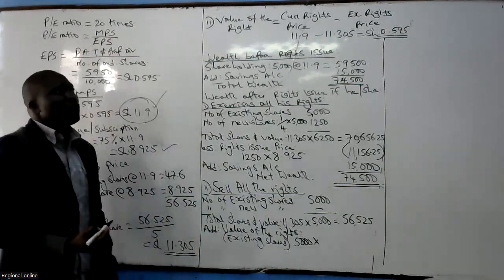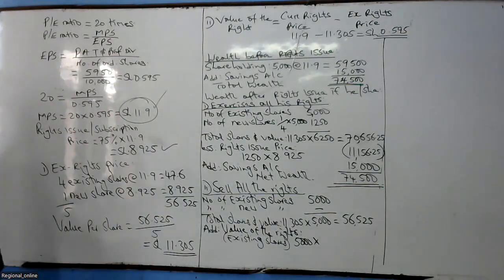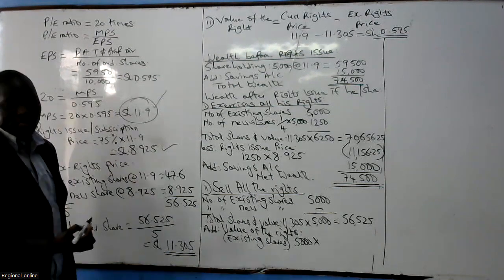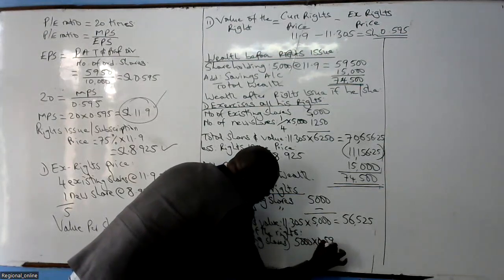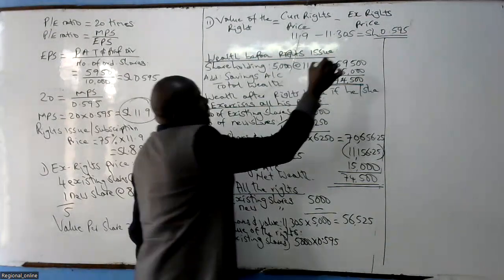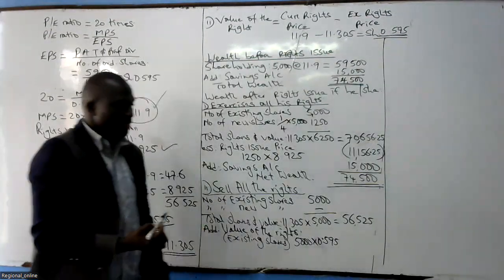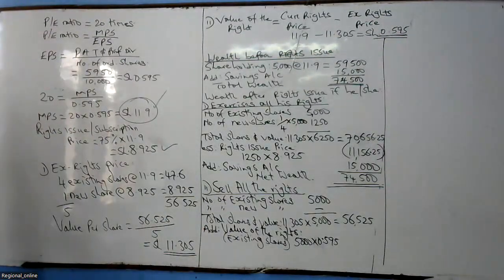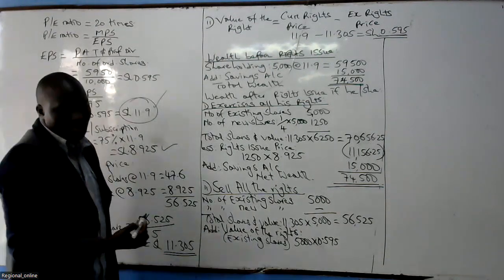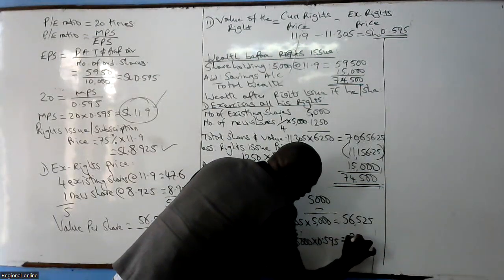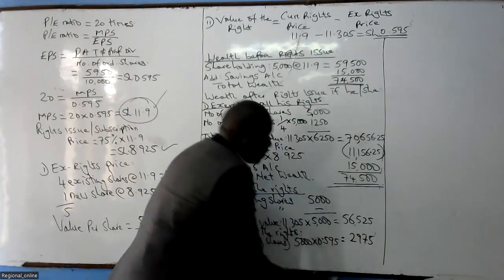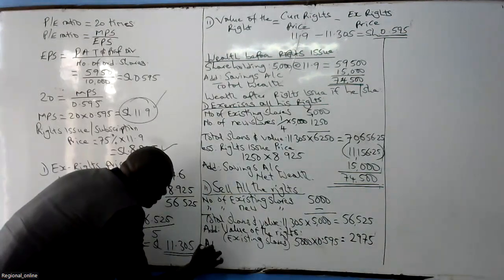And each right costs how? What is the value of one right? 0.05. It is here, the value of each right. So what will be the value of the rights that this person will get? 29.75. Then we add his savings account.